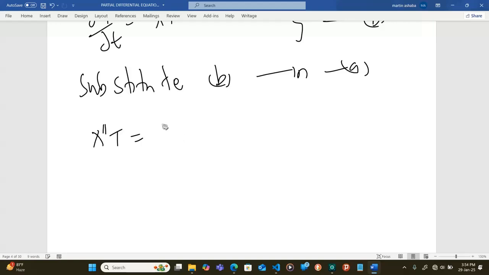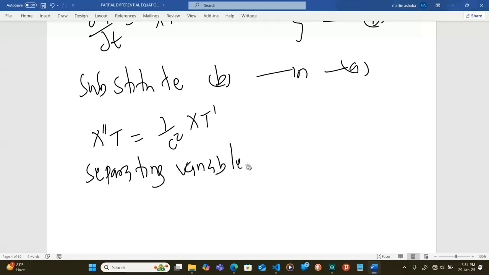This is going to equal 1 over c squared, then X T prime. So if I do separation of variables, what does this mean?